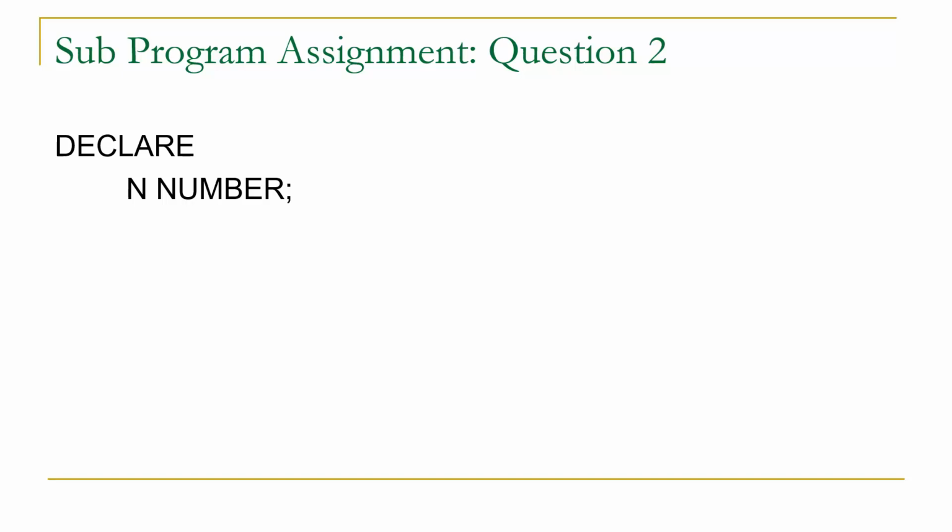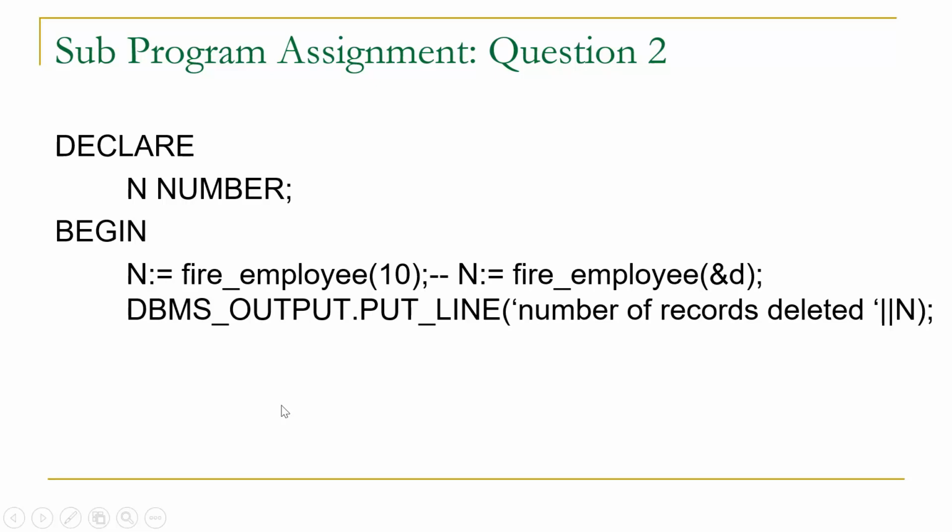In declare section, we are declaring a variable n of number type, which will be used to store the value returned by the stored function. In begin section, we are calling a stored function fire_employee, and here we are passing 10 to this stored function. It will remove the record of department number 10.